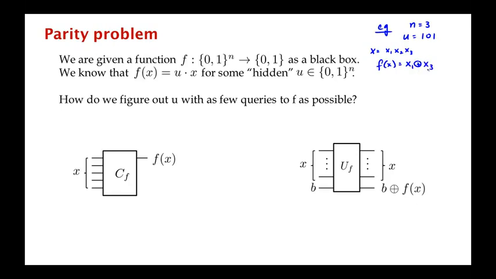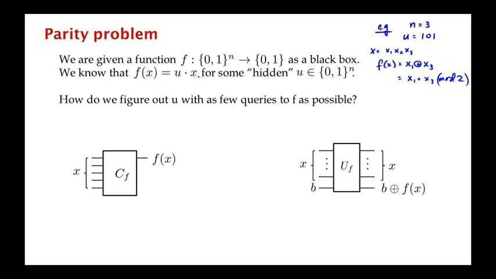Right? It's x1 plus x3 mod 2. What we mean by u dot x is u dot x mod 2.